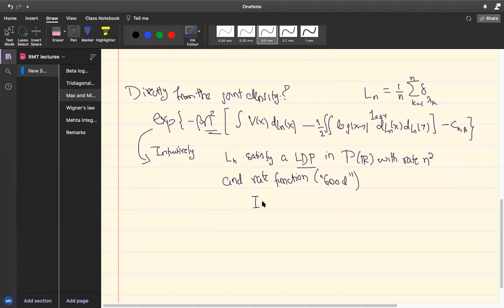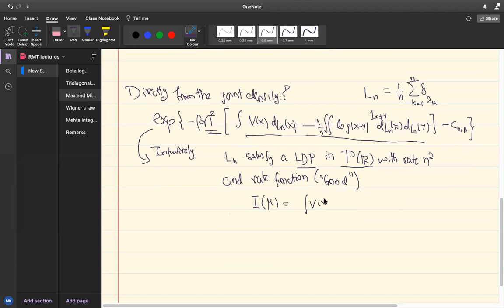What is that rate function? It is a function on the space of probability measures. You take whatever is here and put mu in place of L_n.